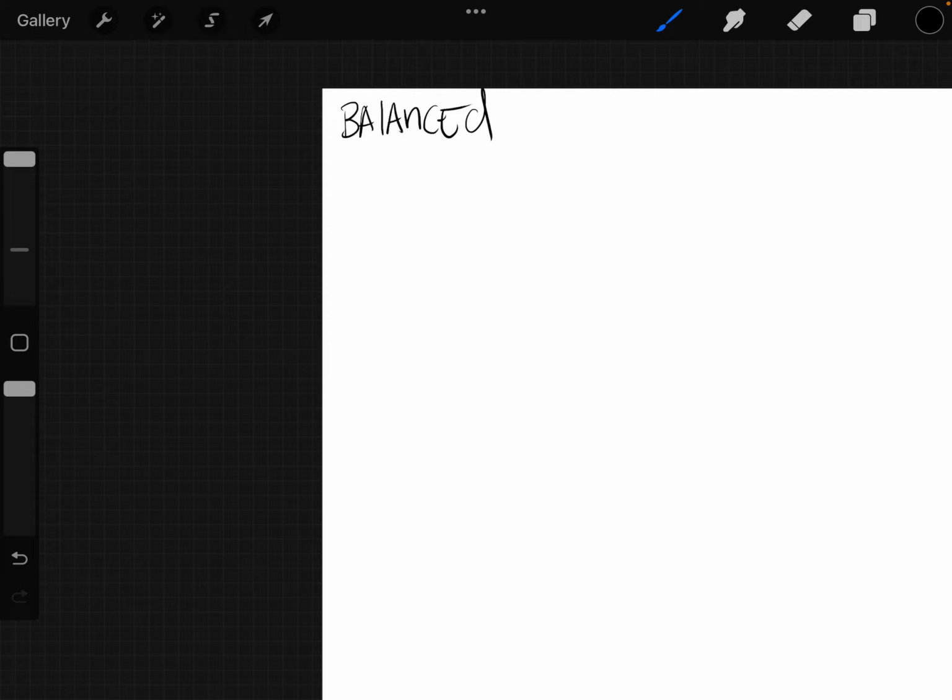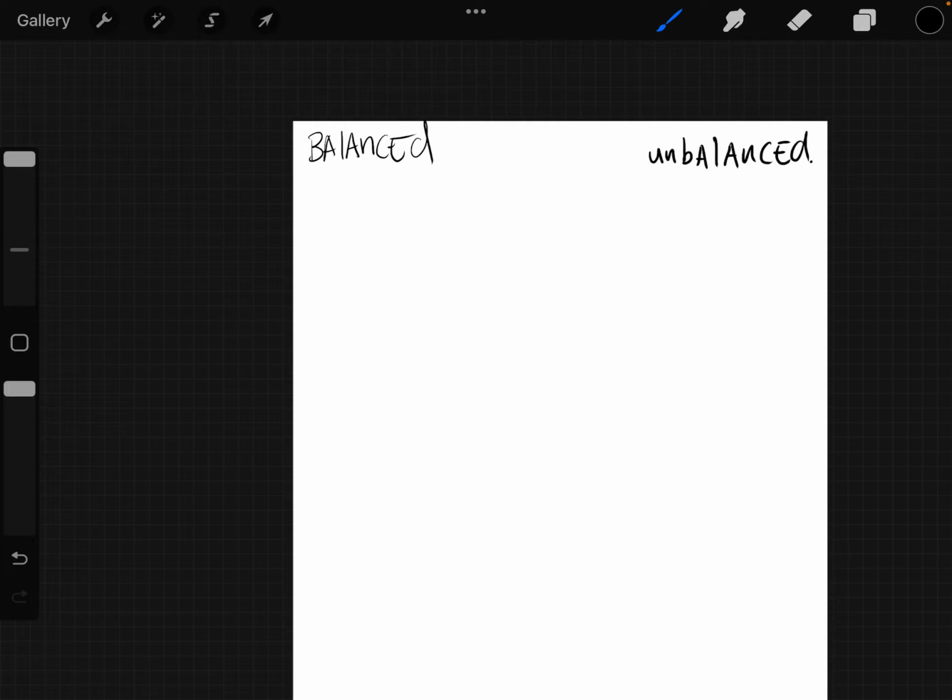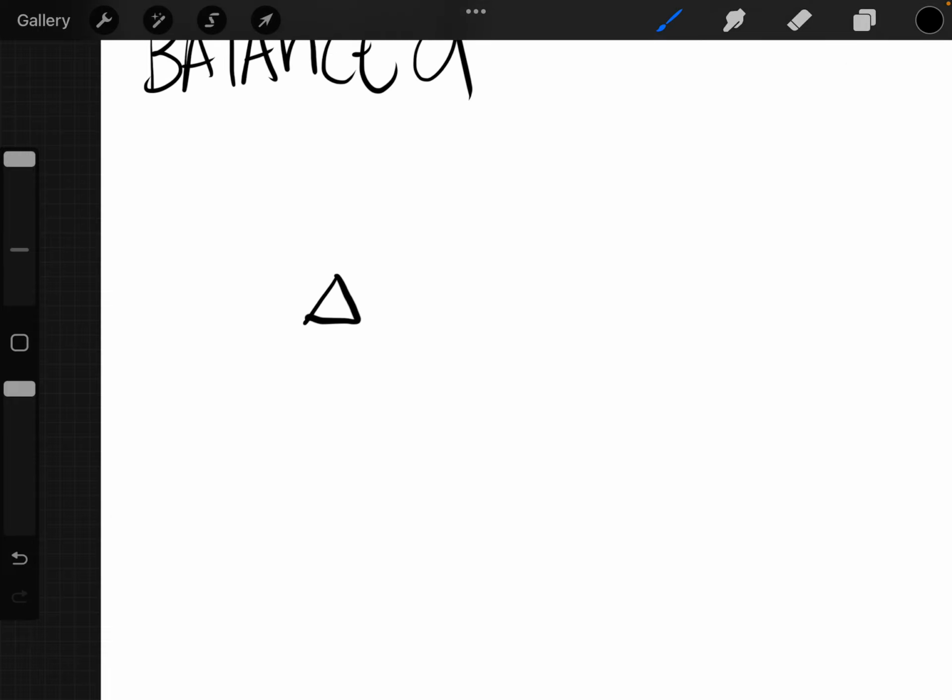Balance means that something is in balance, which means both sides are the same, right? Example. So something can be balanced or something can be unbalanced. If you look at this little tiny drawing that I'm about to do, you can see over here, for example, I can put a little snowman like this.